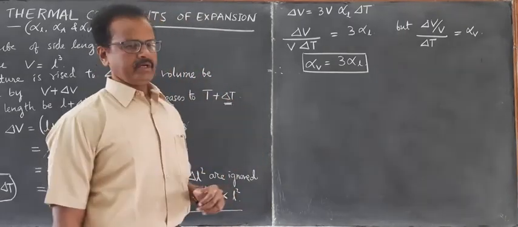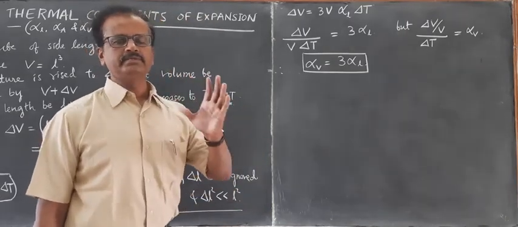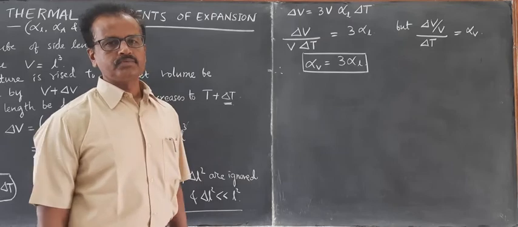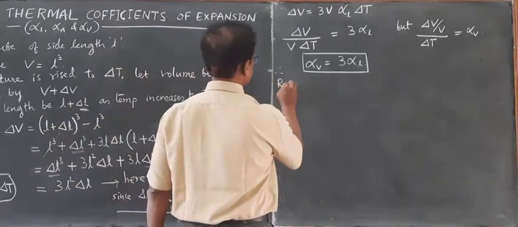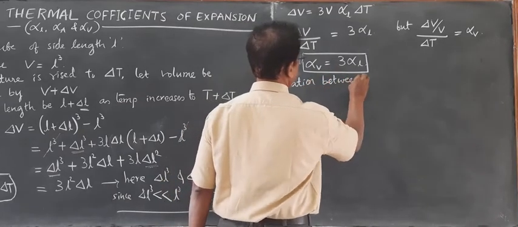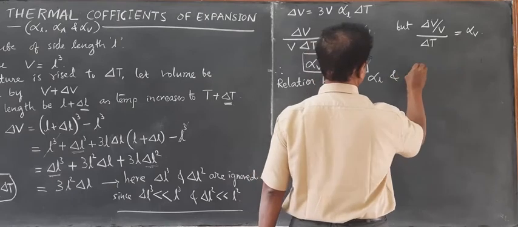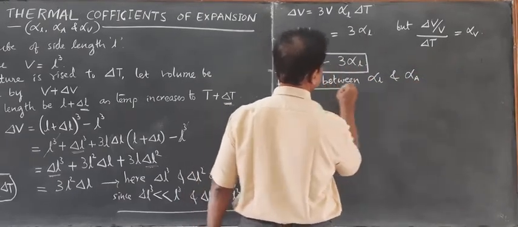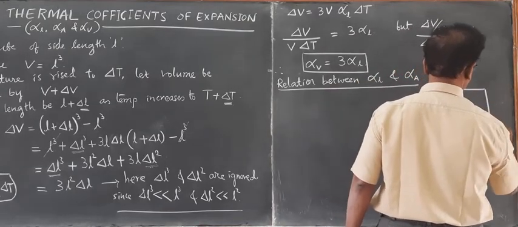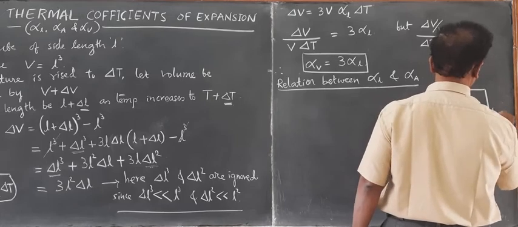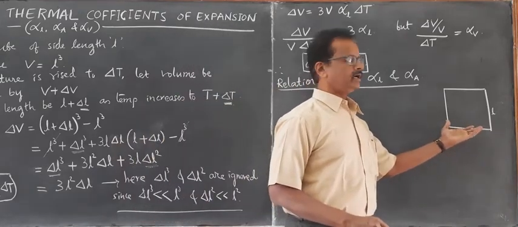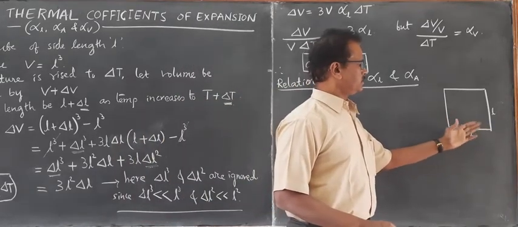Okay. In the same way, we can now relate alpha L with alpha A, the coefficient of superficial expansion. Relation between alpha L and alpha A. Now here consider a square plate of each side L, a metallic plate of area A which is equal to L square.